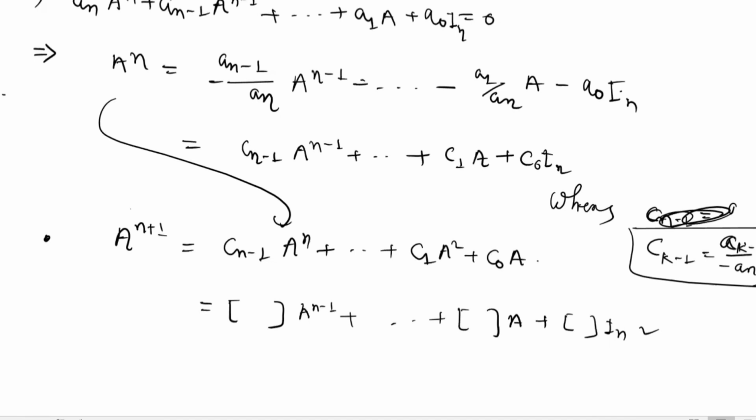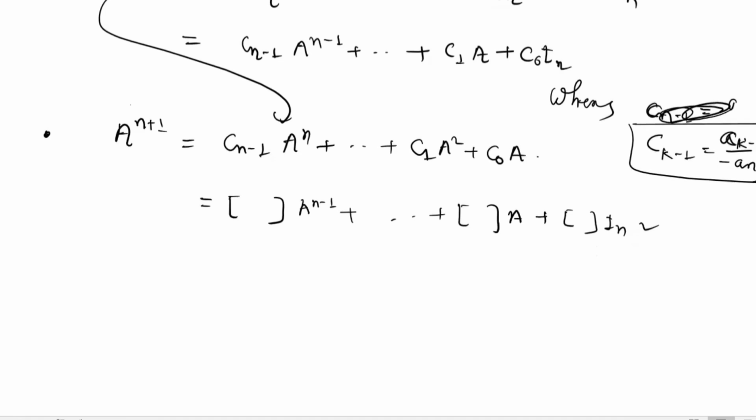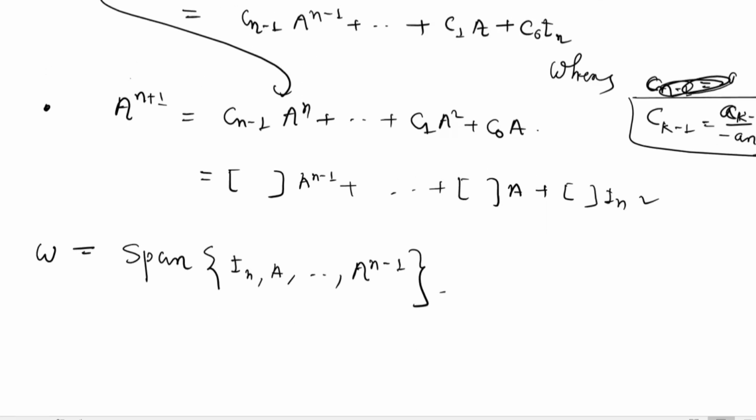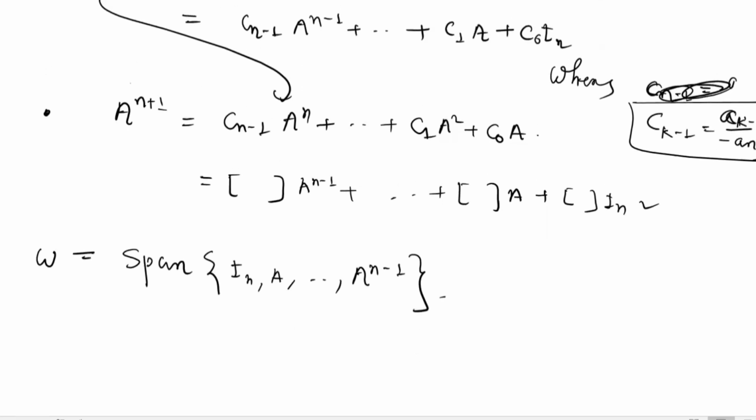So that means W equals the span of the set {I, A, ..., A to the power n minus 1}, since every power of A from A to the power n onward can be written as a linear combination of I, A, ..., A to the power n minus 1.